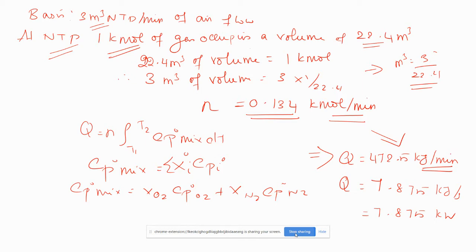That means xi, 0.84 into Cp naught m of CH4, that is 36.0483 plus, okay, X C2H6 0.13 into C2H6 value, which is 53.5240, plus X N2 0.03 into the N2 value, which is 29.1317.